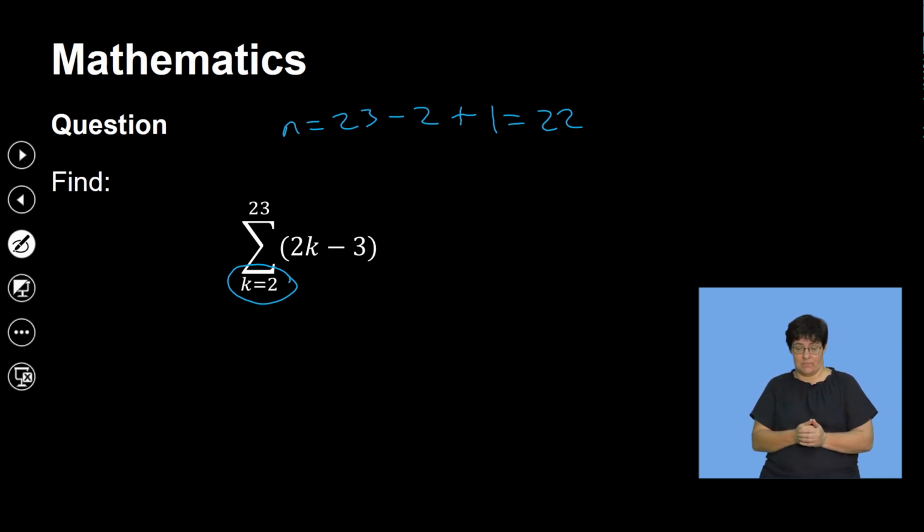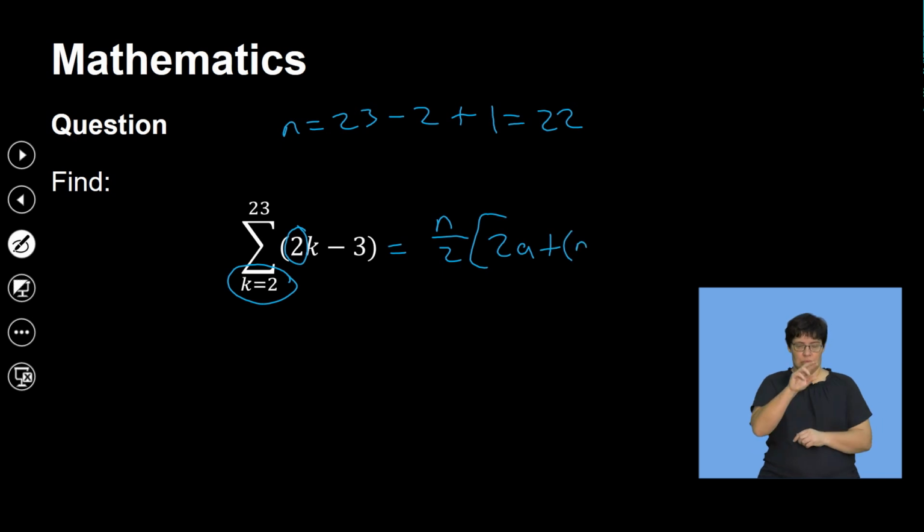And because this is an arithmetic series, you then know already that the value of d is actually 2 there. And then you can go straight to your formula, which is n over 2 into 2a plus n minus 1 multiplied by d. But for this to be easier for you, you just need to then list the first 3 terms, right?